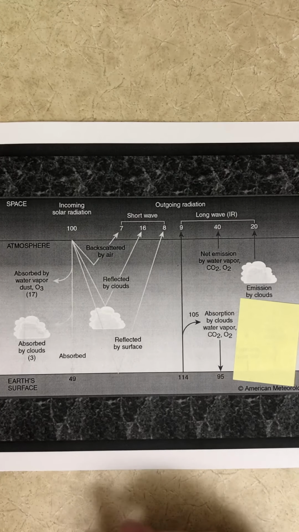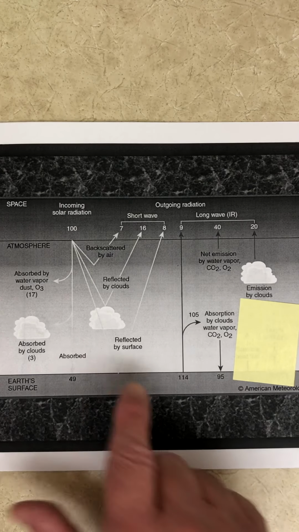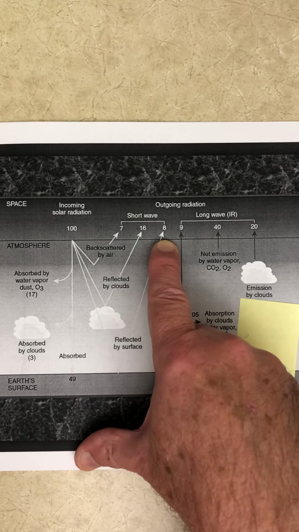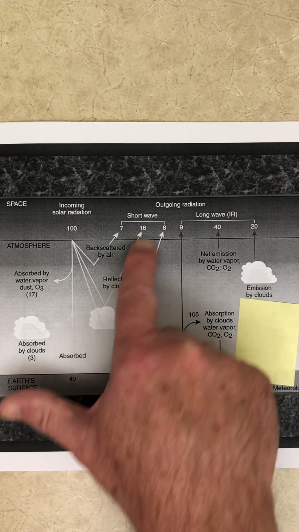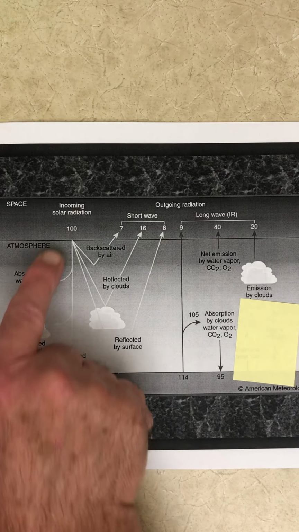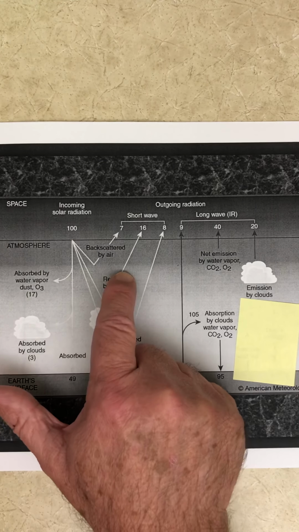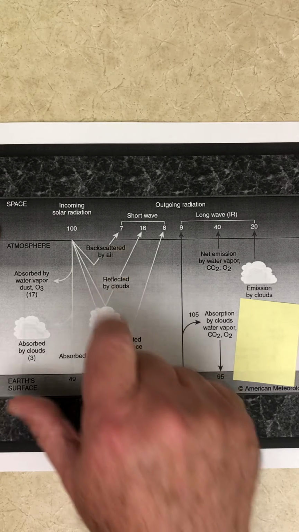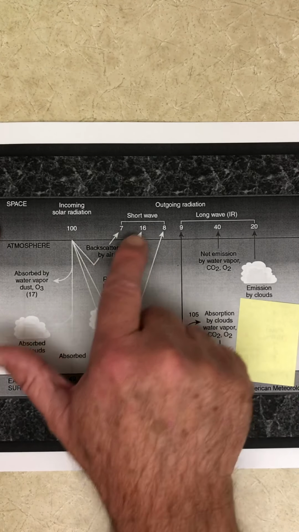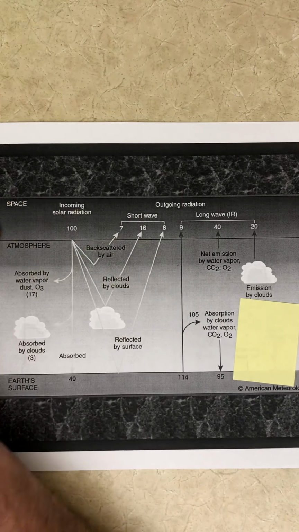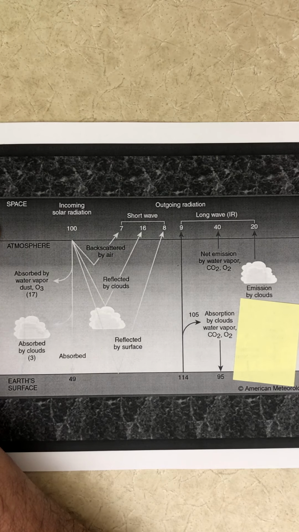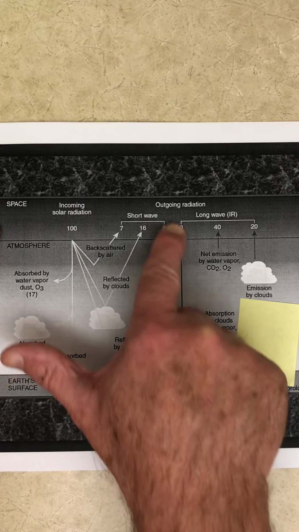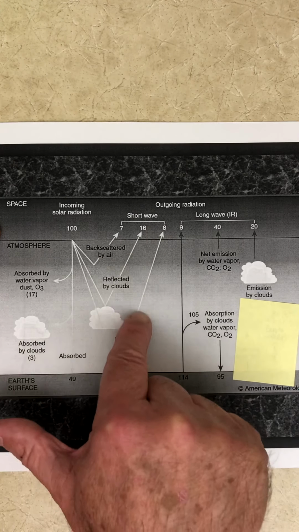Then we also have to look at what's leaving. And as we mentioned, 24%: 8% reflected by the surface, 16% reflected by clouds, 7% reflected, or I should say scattered, by the atmosphere back out to space. So that accounts for energy leaving the Earth atmosphere system and going out to space. And that's solar radiation that's being reflected and scattered.